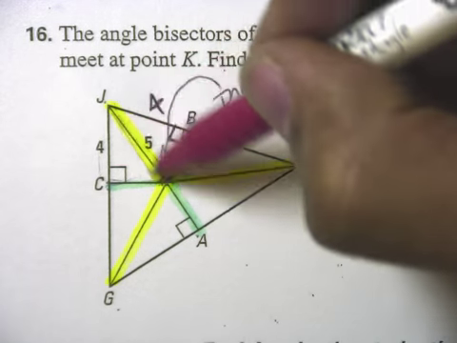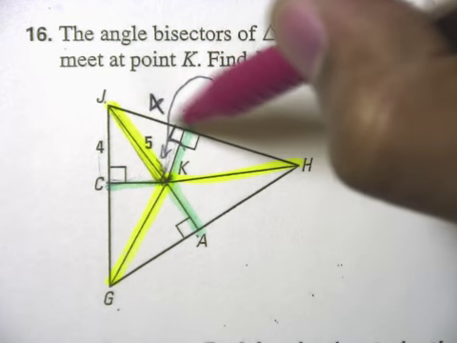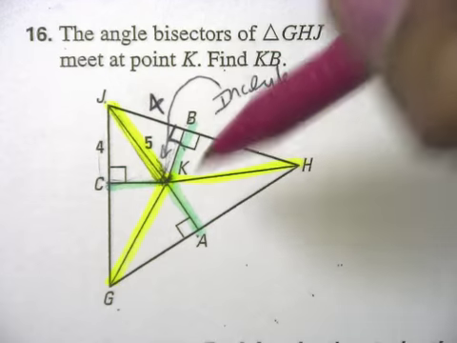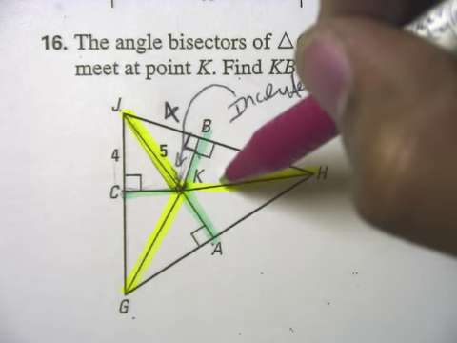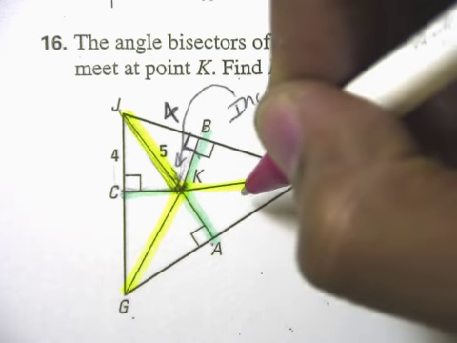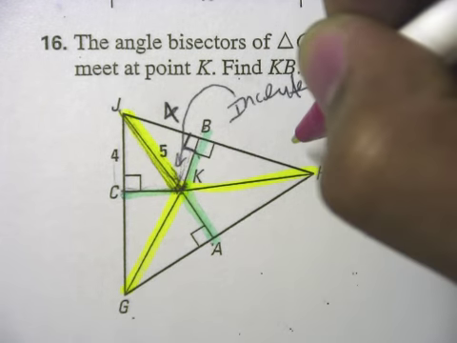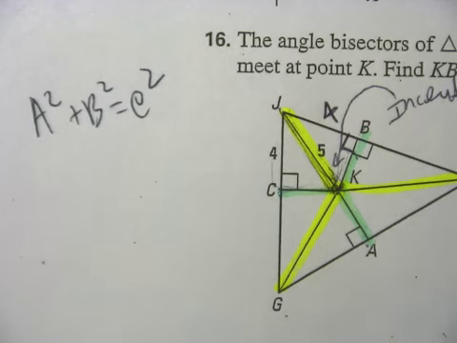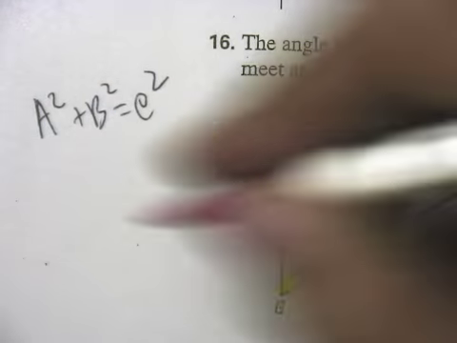And how am I going to find b? I'm going to find it using the Pythagorean theorem. Because if this is 90 degrees here, then I know that this is also 90 degrees here. And what I have is the hypotenuse and the leg of a right triangle. So I can use the Pythagorean theorem. Just remember that the hypotenuse is always which letter? Is it A, is it B, or is it C? If you guess C, you guess correctly.